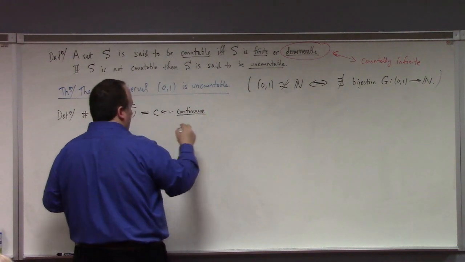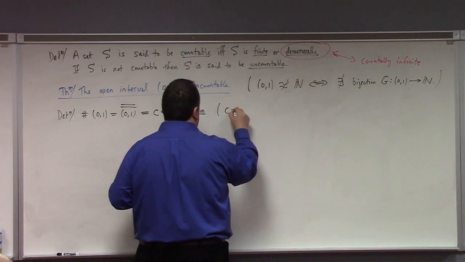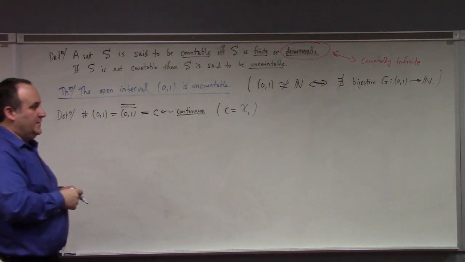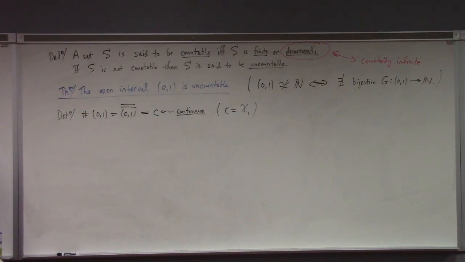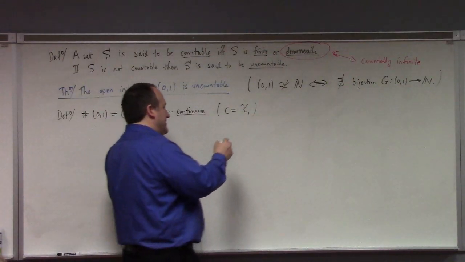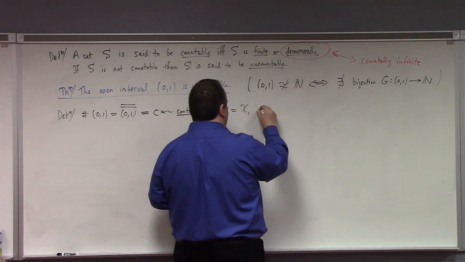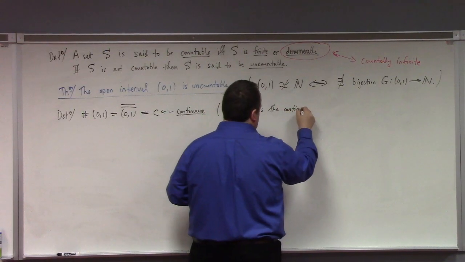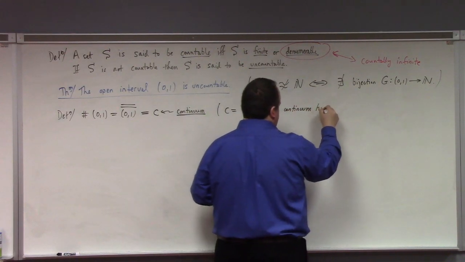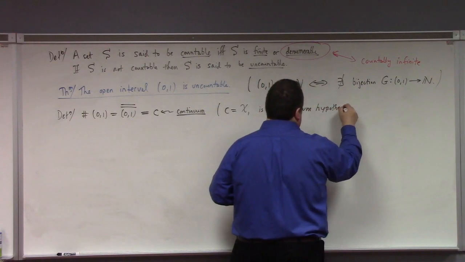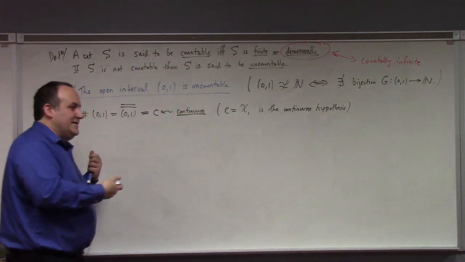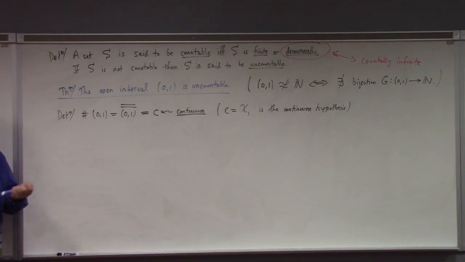Sometimes people will say c is aleph 1. Writing c equals aleph 1 is essentially the continuum hypothesis, because that notation suggests that aleph 1 is the next infinity past aleph naught.